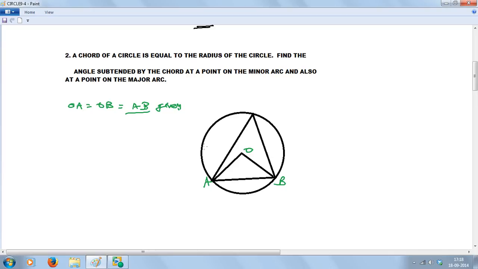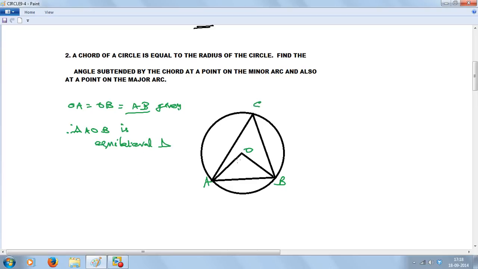So triangle AOB is an equilateral triangle. The question says, find the angles subtended by the chord at a point on the minor arc and also at a point on the major arc. First let us try the major arc. Let us take this point C here.